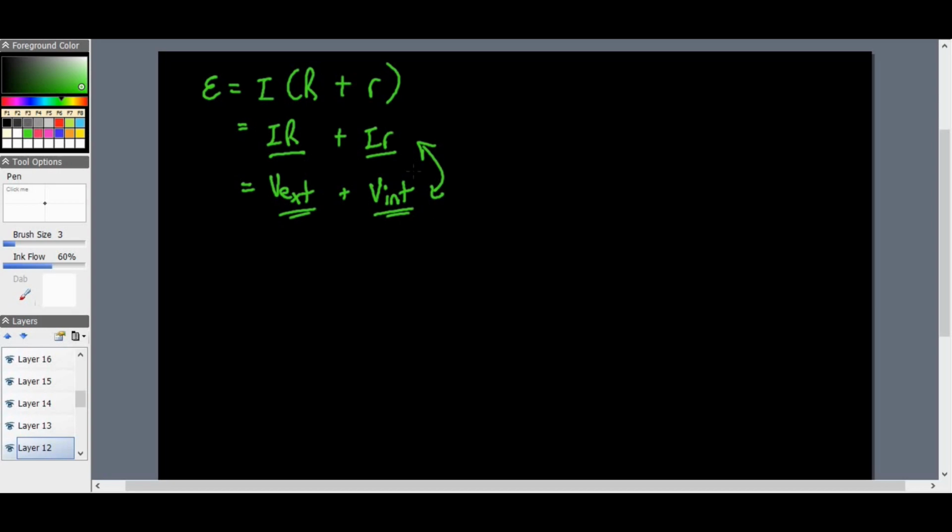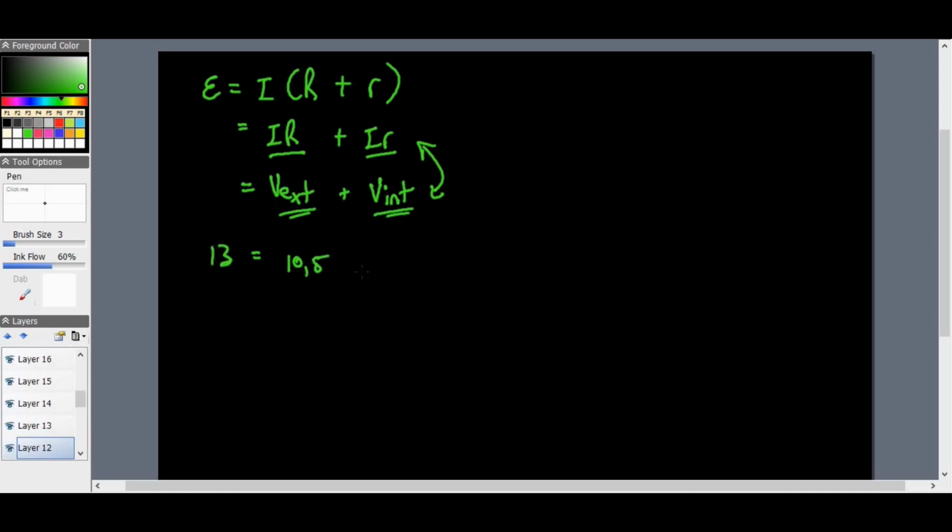Now V external is everything on the outside of the circuit when the switch is closed. So what's the voltmeter reading when the switch is closed? From the graph we saw it was 10.5.